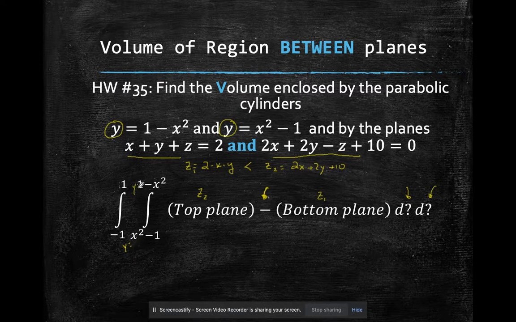And I could get them in terms of x, but why wouldn't I start there? And then where do you think -1 and 1 came from? Right? I have to see where they are going to meet.